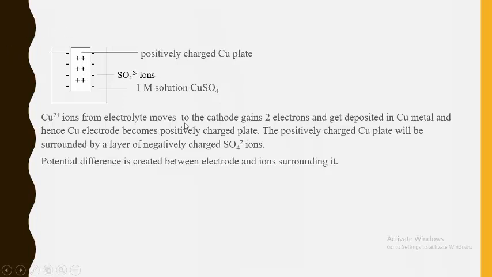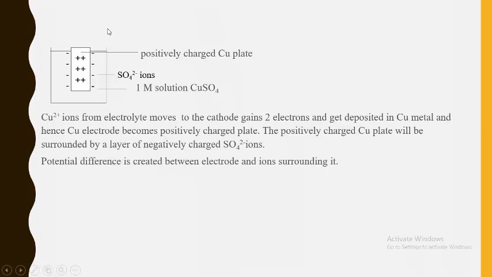It moves to the cathode and gains the two electrons, and then it gets deposited on the copper metal. So in the process, what happens? All the copper 2 plus ions available in the electrolytic solution will cluster around the plate, ready to receive the two electrons, so that on receiving them they can form the neutral copper electrode.